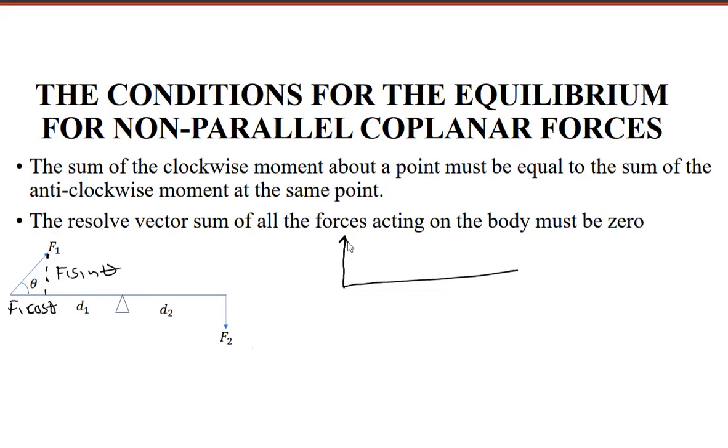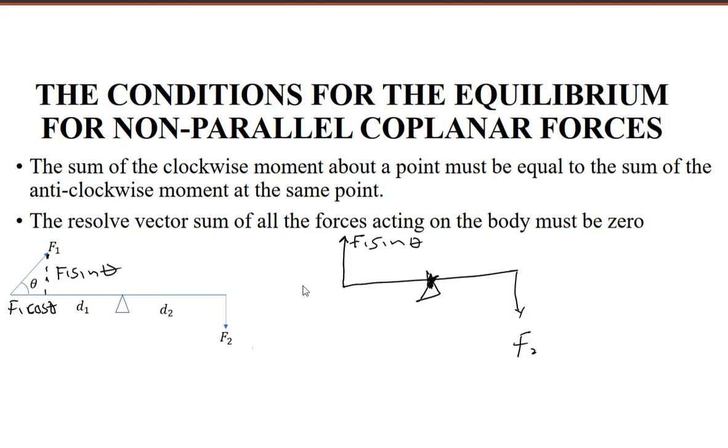This force F1 sin theta is going up, and F2 is going down, and we have what? Our knife edge here. So we have to resolve that. Now the first thing is that if we are taking moment at this point, the principle of moment must hold.